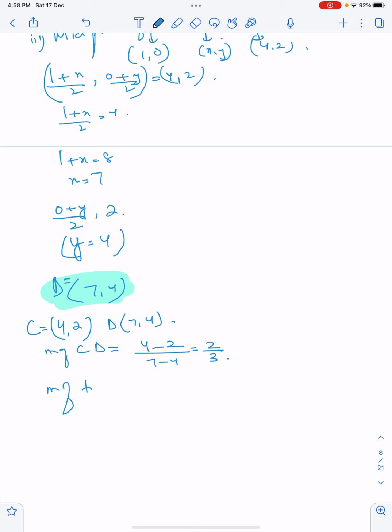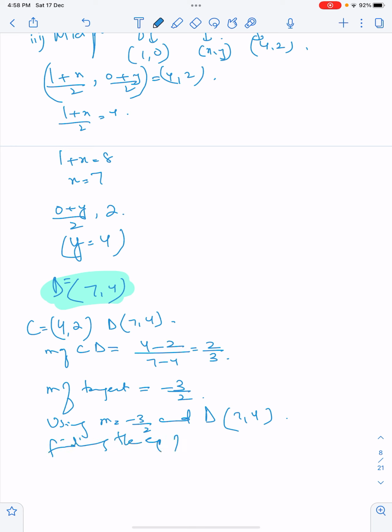Gradient of the tangent equals the negative reciprocal of the gradient of CD. So using gradient equals negative 3 upon 2 and the coordinates of D, (7, 4), finding the equation of the tangent.